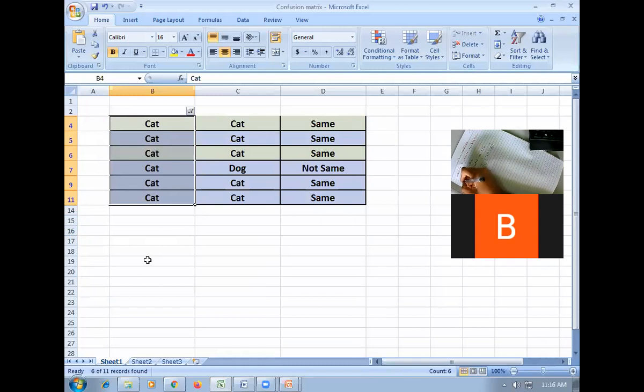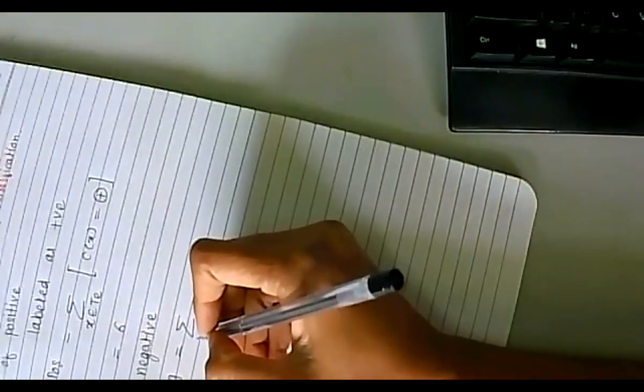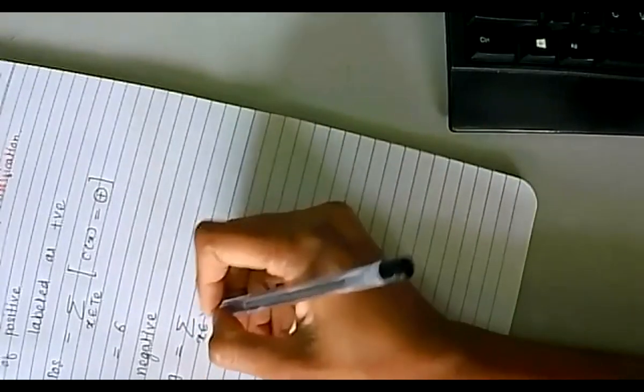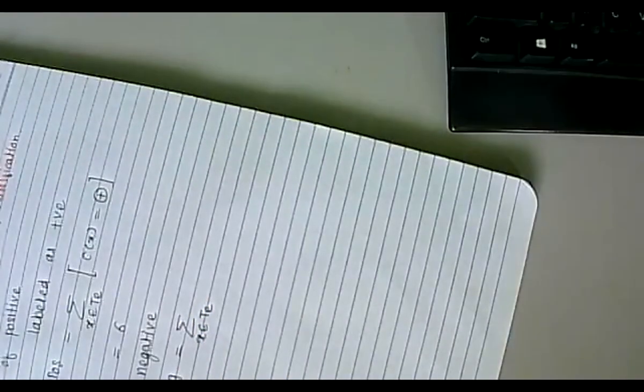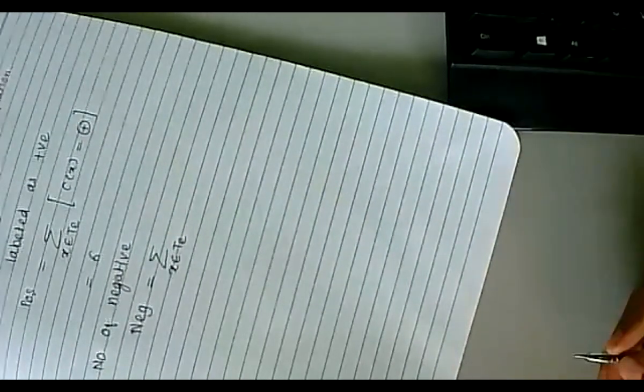Now next one, that is the number of negative. How is the number of negative calculated? It is represented as NEG. NEG is nothing but again X belongs to the test set. TE is nothing but the test set.